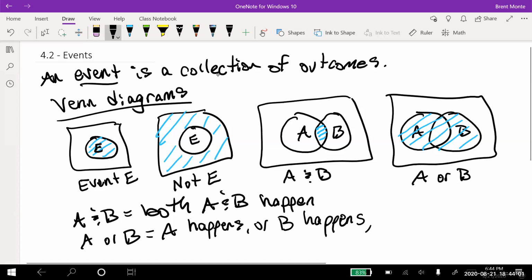And notice I shaded the stuff in the middle, so I would say or both happen. Okay, so that's our idea there. Those are some Venn diagrams so that we can understand what's going on.